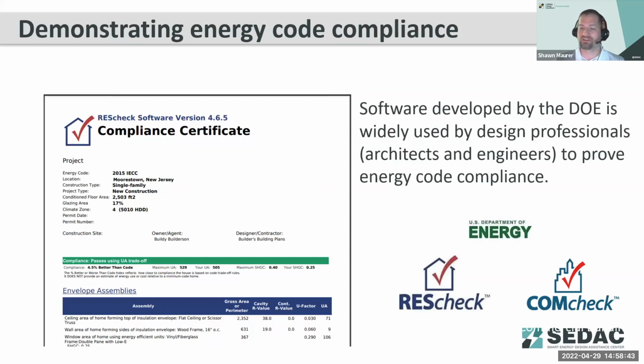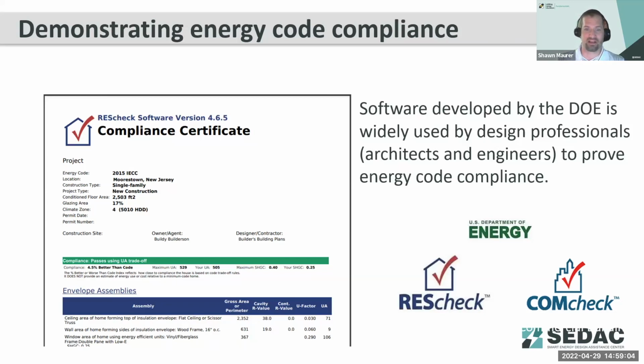So once you've worked through the process of your design and buildings, how do you then display compliance with the Energy Code? On the residential side, there's usually a compliance certificate that's installed in the building. For commercial buildings, there are software programs that can be used.